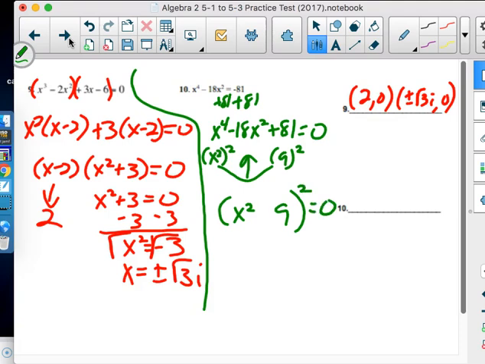I just need to know what goes in between those two. Yep, got a middle term that's negative. Hey, wait a second. That's a difference of two squares. We can factor that again.